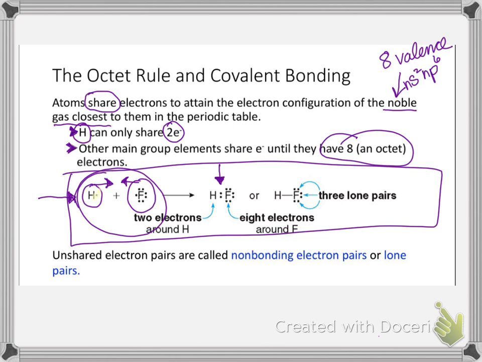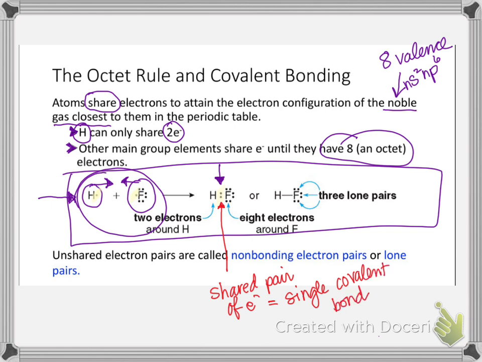That electron right there and that electron right there are now between the H and the F, and they are being shared. So this right here is a shared pair of electrons, and we call that a single covalent bond.